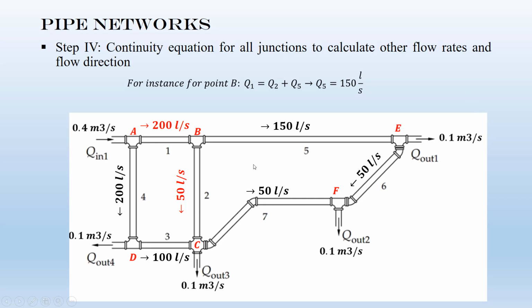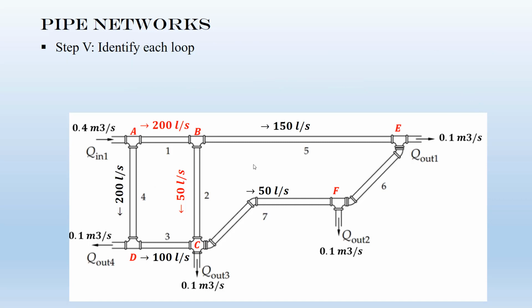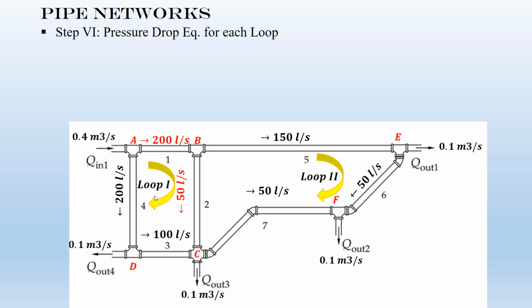Now, the next step, you need to identify loops. There are two loops, and I assume the clockwise direction is positive for both loops. The next step, you need to write the pressure drop equation for each loop.